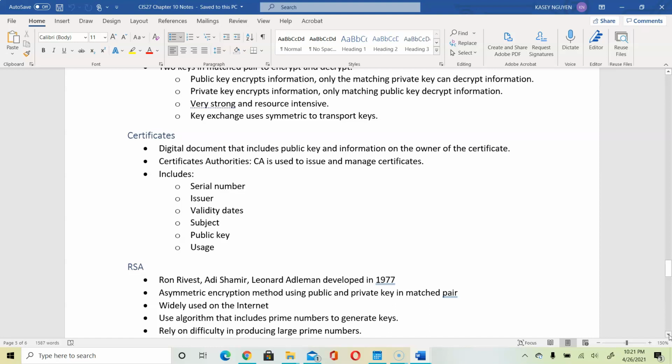The certificate would include a serial number, issuer, validity date, subject, public key information, and usage information. In a Windows environment, for the Windows Server operating system, you can enable CA as a role, and with that, you can manage the certificates as they need to be distributed for different purposes for your organization.